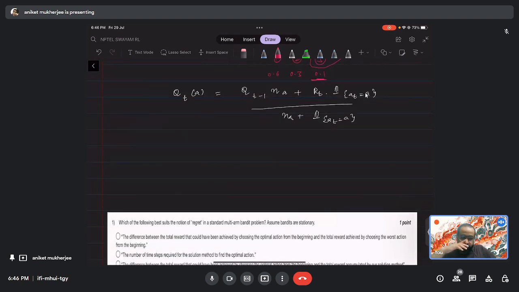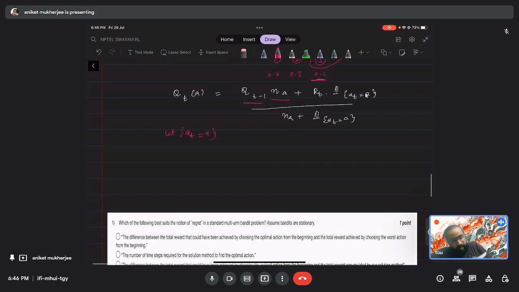while doing the coding part. So what you can do is just remember, for each arm, the number of times it has been picked, and the previous expected reward, the expected reward that you have calculated using the samples previously. So that is Qt minus 1, and N is the number of times it has been picked previously before this. Now suppose the arm has been picked, let At is equal to a.